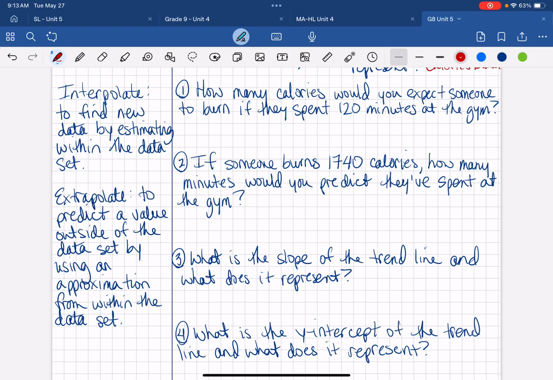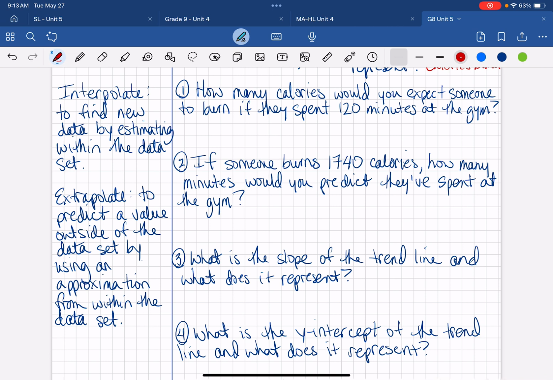Now, interpolate means to find new data by estimating within the data set.